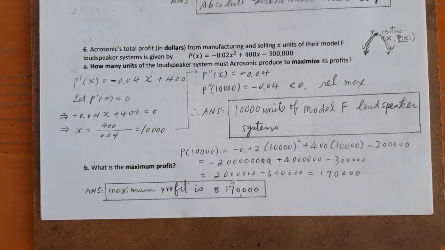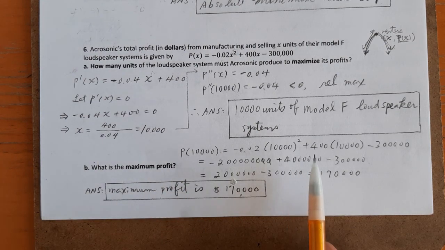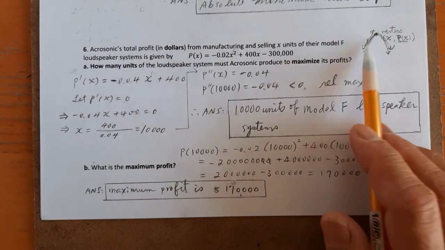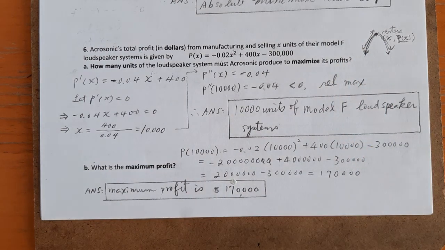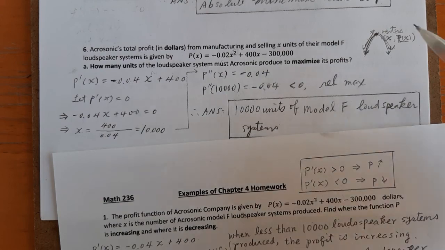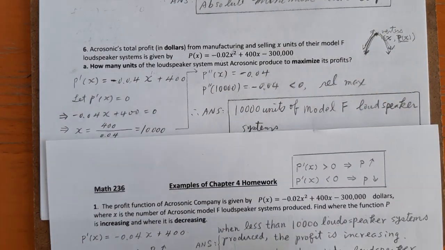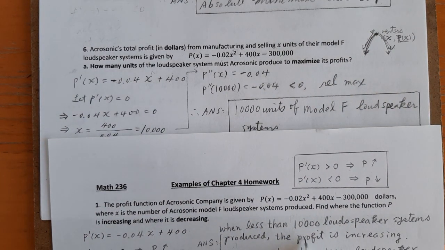You can also use the first derivative test, looking at the left and the right having different signs. From the first question, you can see to the left, less than 10,000, the profit is increasing.